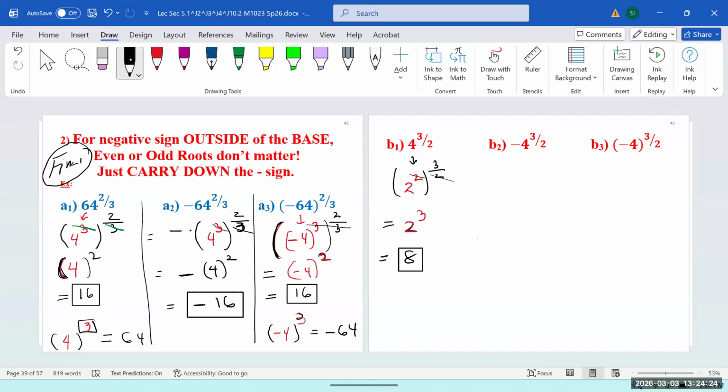Nayari. Oh, sorry, 2 squared, not 4 squared. So multiply, and then what do you have?